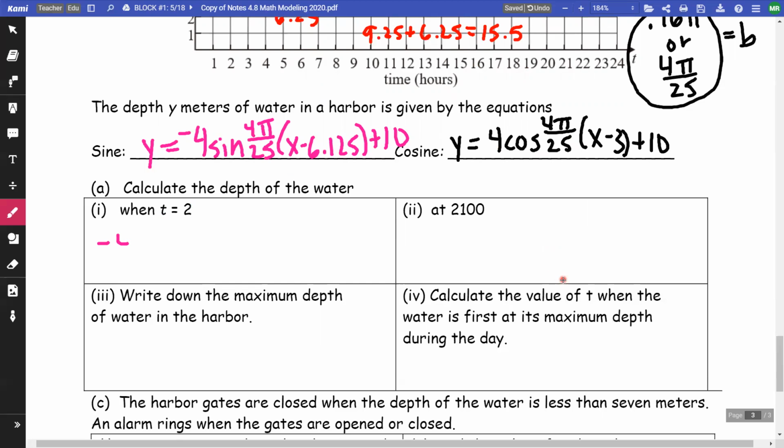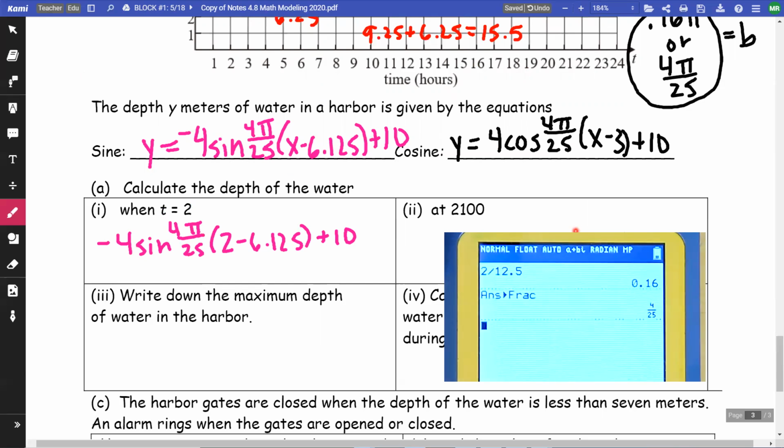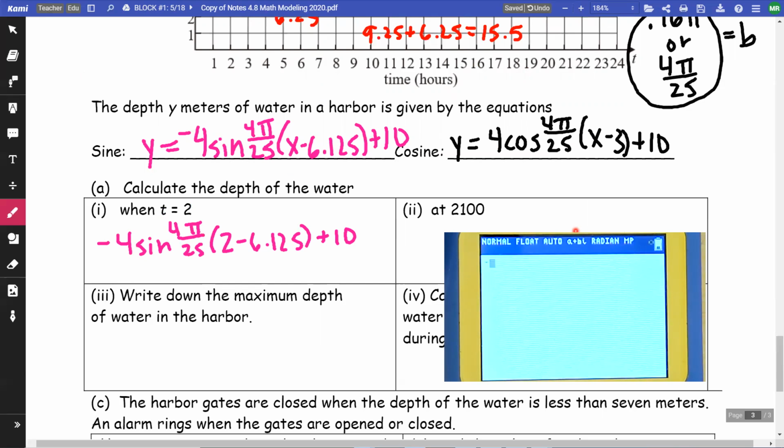So I'm going to go negative 4 sine 4 pi over 25, and then I'm going to go 2 minus 6.125 plus 10. I'm going to put that into my calculator. Okay, making sure my calculator's in radians. It doesn't matter if I do it into the sine or the cosine.